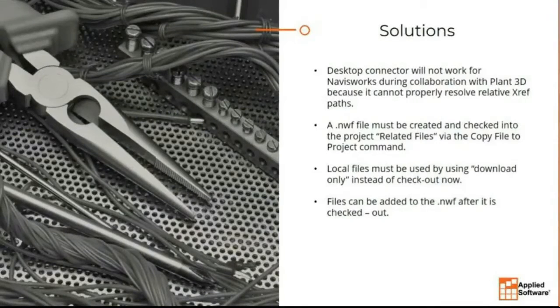Then you can add all those local files to your NWF after you've checked it out. If you keep updating those local files, those will update on your NWF, and therefore you will have an up-to-date Navisworks model. It's a little more complicated than just your standard refresh or standard append, but it's definitely workable.